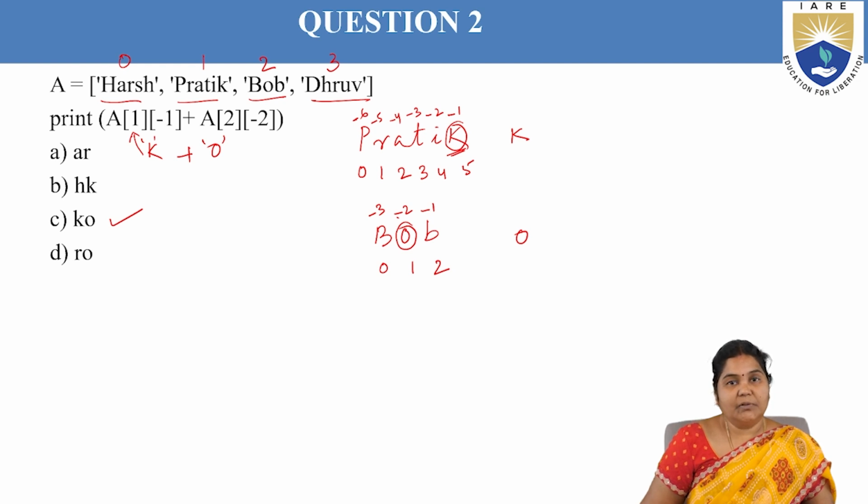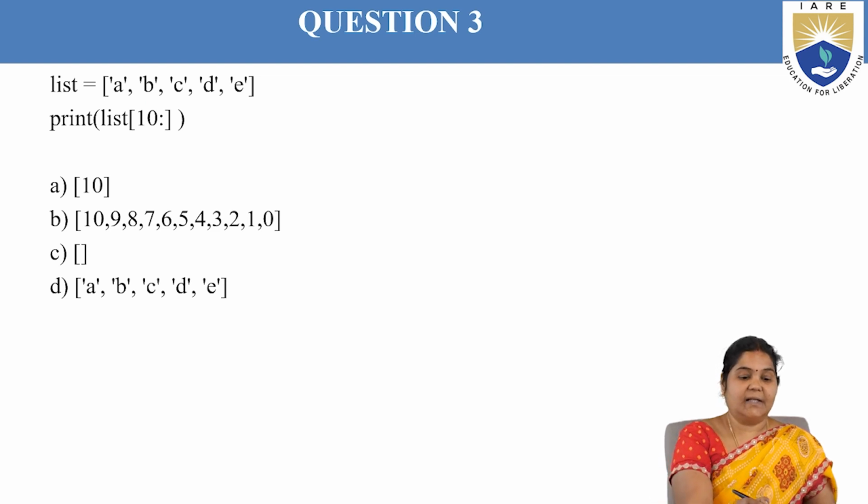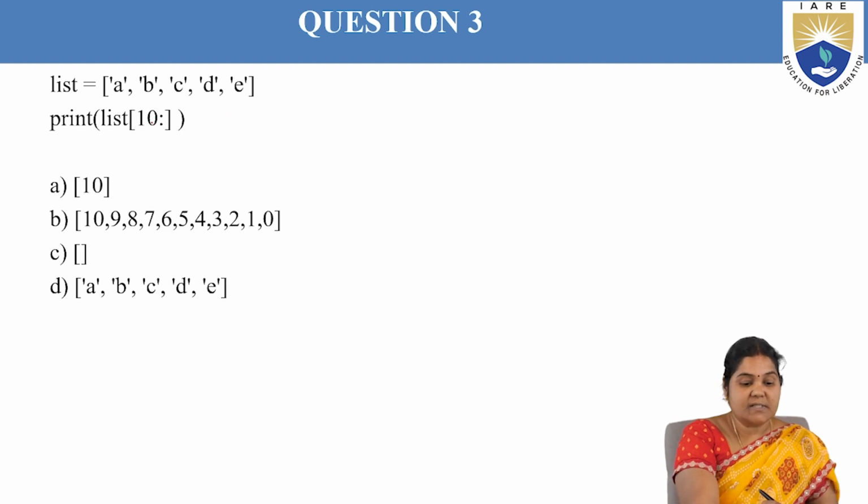Now let us move on to the third question. Again the third question is based on a list. The list contains 5 characters A, B, C, D, E and we print list of 10 colon.